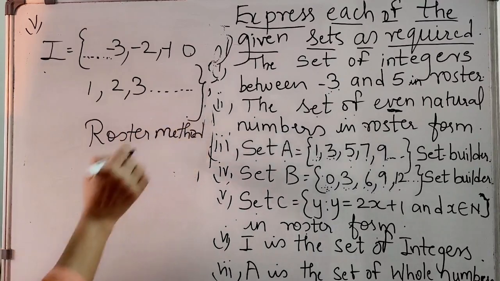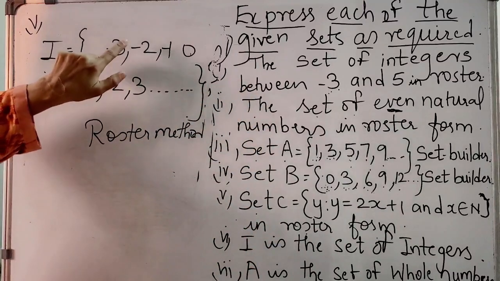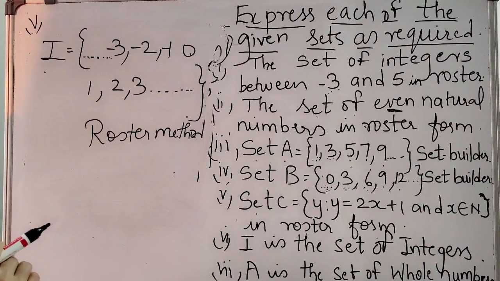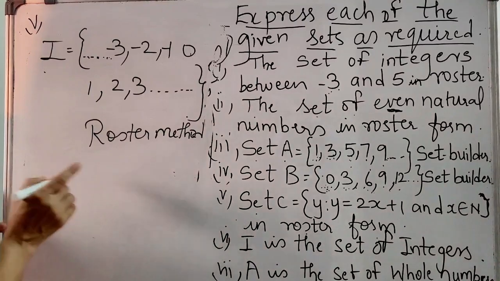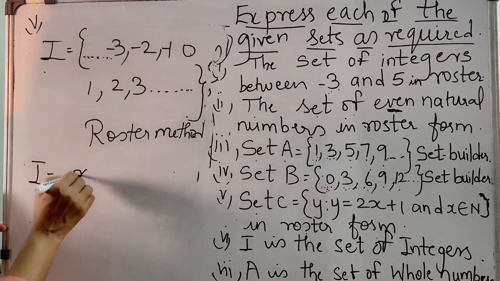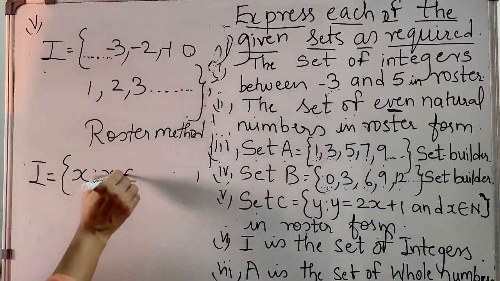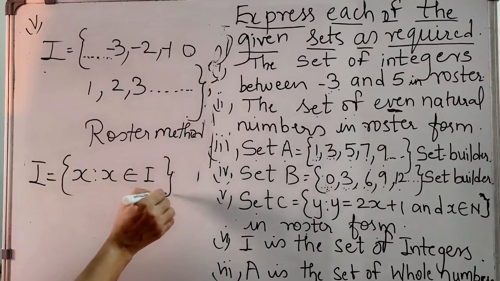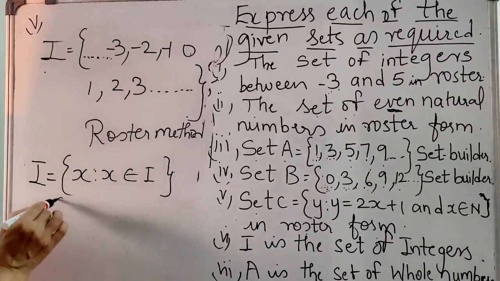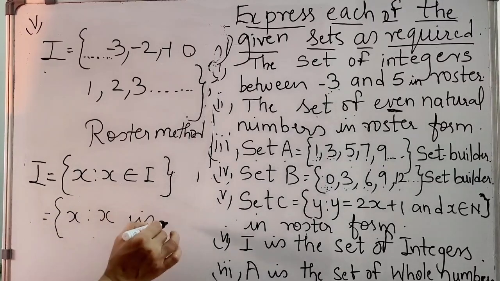Now this is in the form of description method. You have written in roster method. Now I can write in the set builder form. So in set builder form, I is equal to curly bracket x such that x belongs to integers, close curly bracket. Or you can write in words also, curly bracket x such that x is an integer.